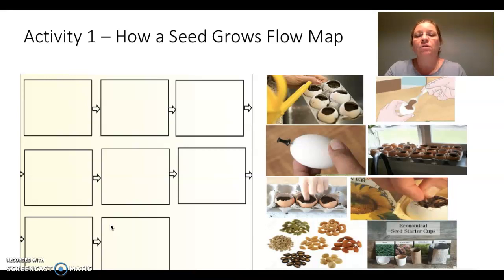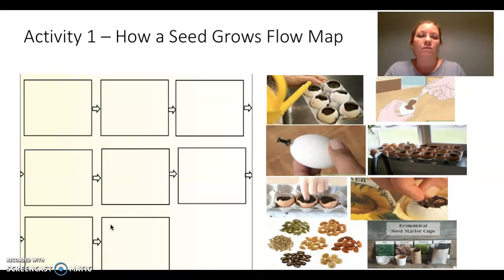You can either use your computer to copy those pictures into the boxes and then upload your finished product that way, or you may print and have these as paper copies and put your pictures where they go in order according to the book, the story that you heard, and then upload that.